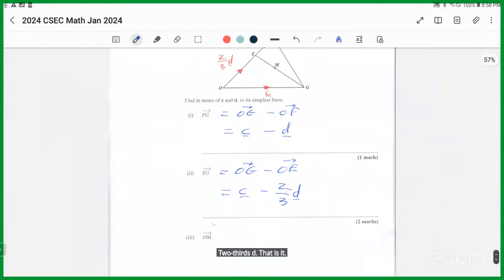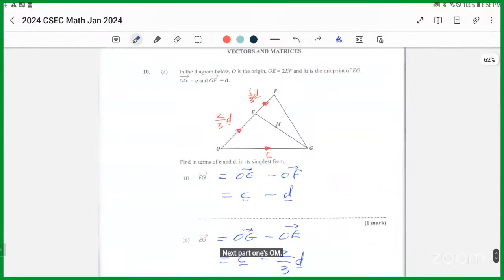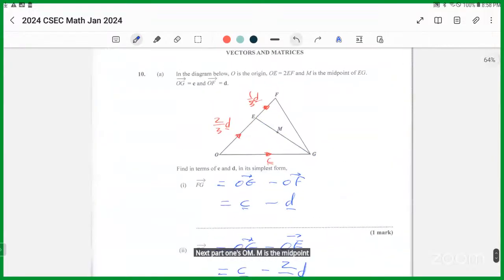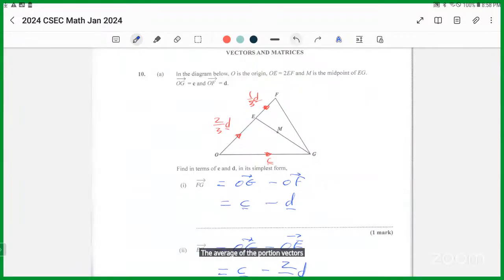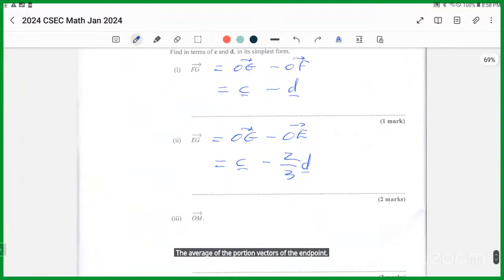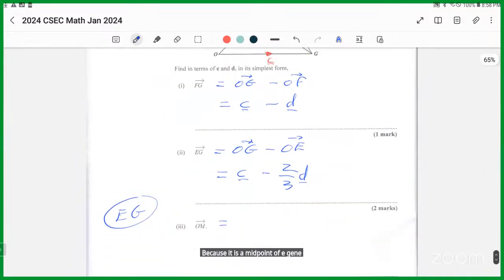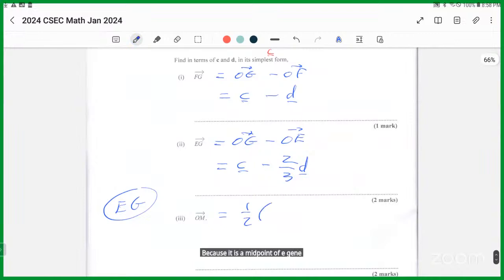Next part wants OM. M is the midpoint of this line. So we can use the midpoint formula, just like we use in coordinate geometry. The average of the position vectors of the endpoints. So OM, because it is the midpoint of EG, becomes half of OE plus OG.